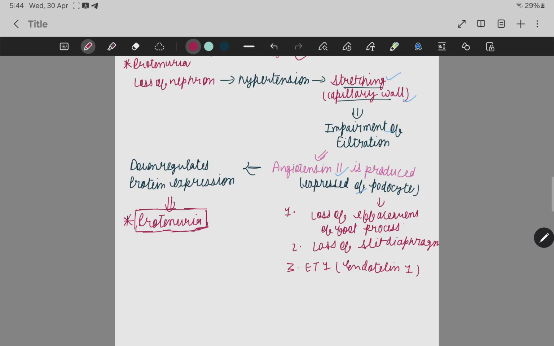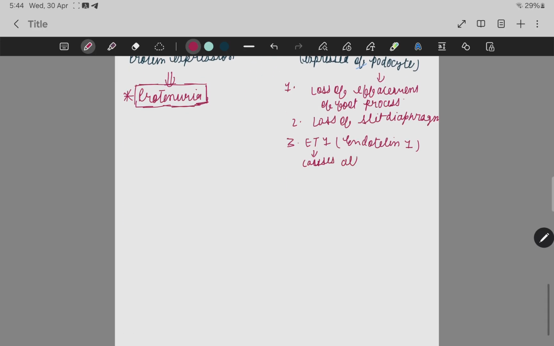This endothelin 1 causes alteration in the structure and function of the podocytes.